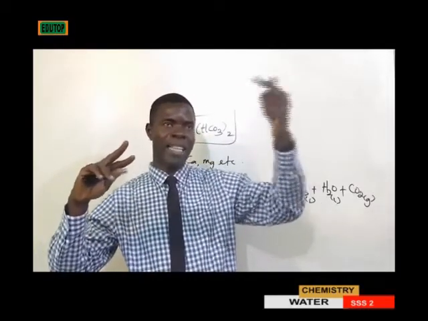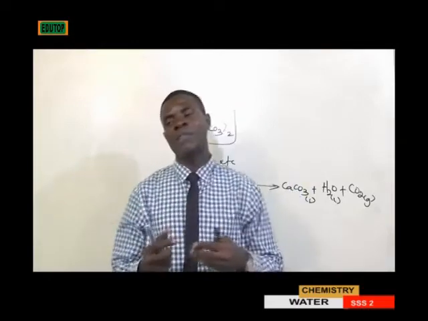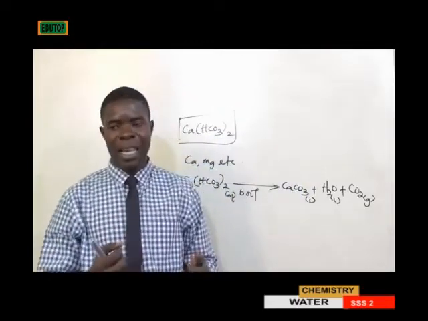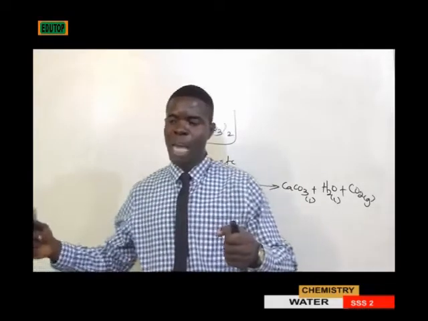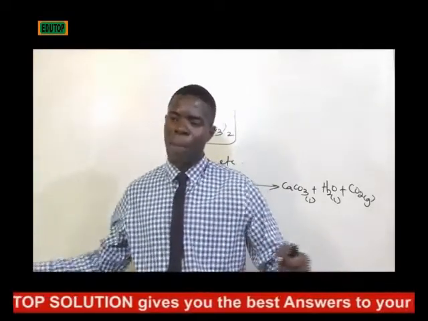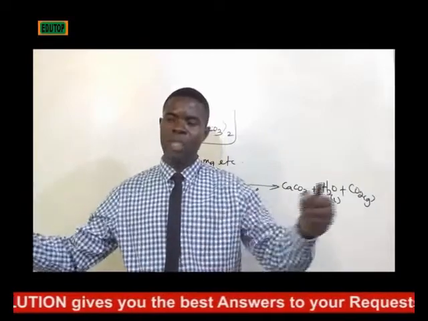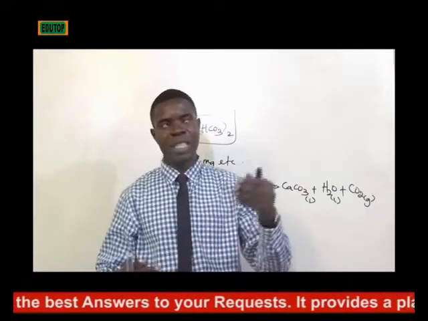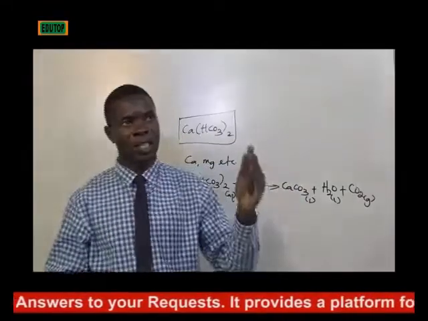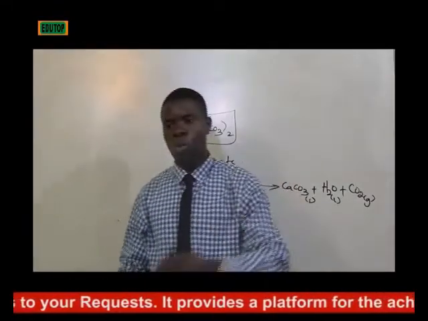Because the vapor's temperature is very high, there should be another inlet where water will be passed to counter the vapor. And what it does is to condense it, because condensation is simply a situation whereby vapor is turned to what?